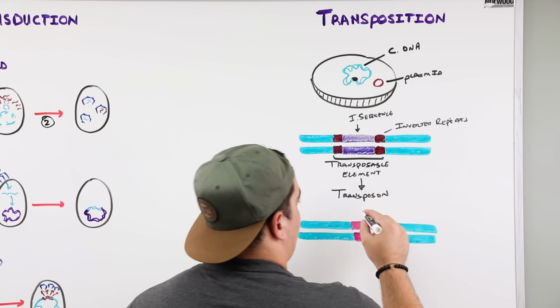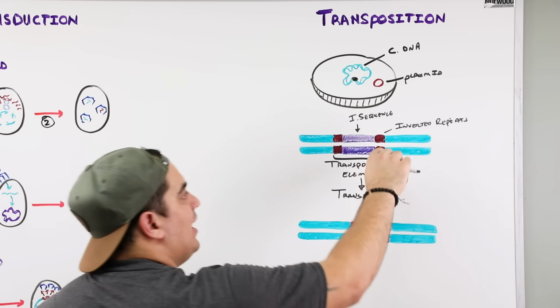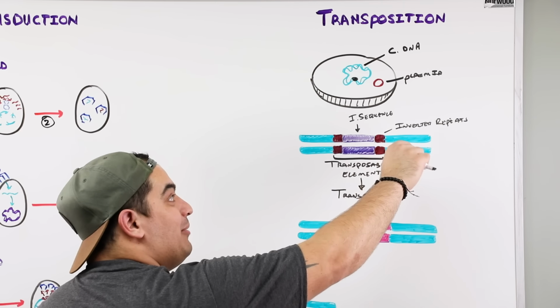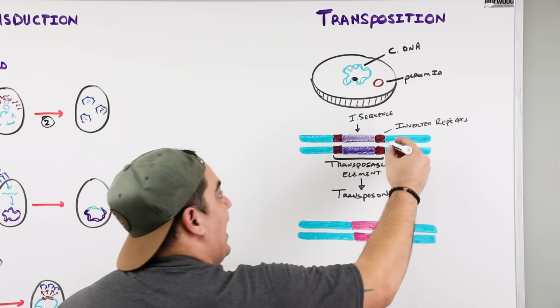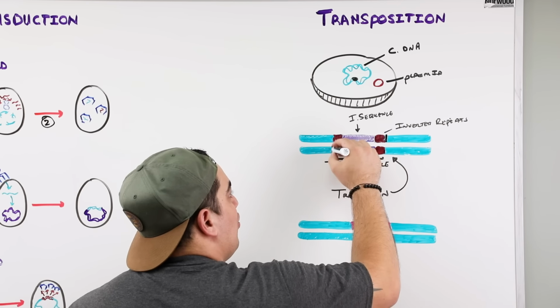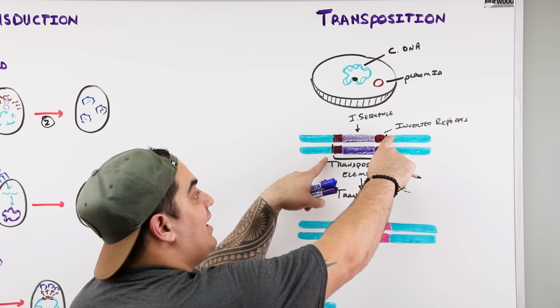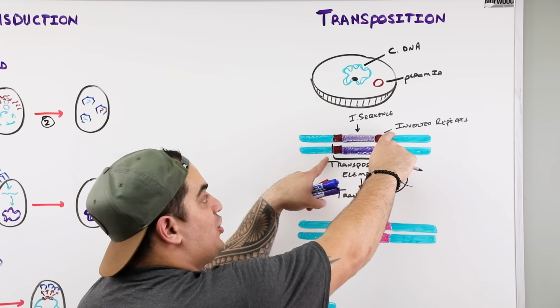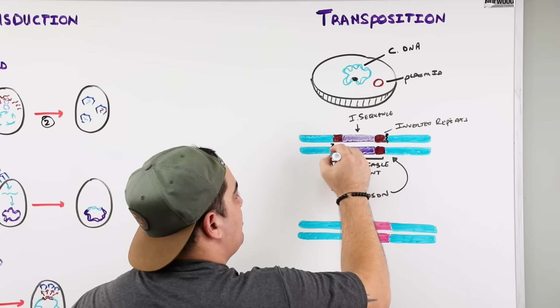What this enzyme does is it does two things. It comes back, identifies the actual transposable element where the insertion sequence is and the inverted repeats are, and it makes these cuts just outside of the inverted repeats on opposite ends, on opposite parts of the strand. So it makes these cuts like right here.